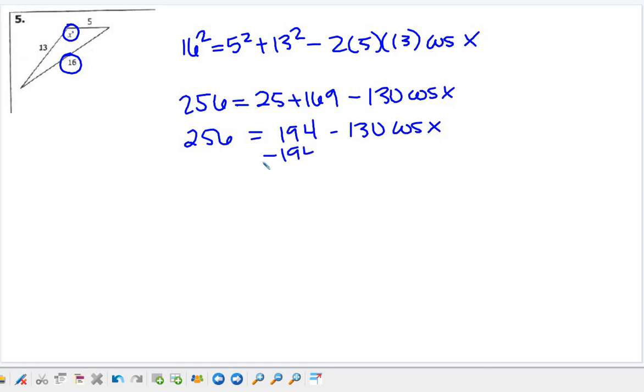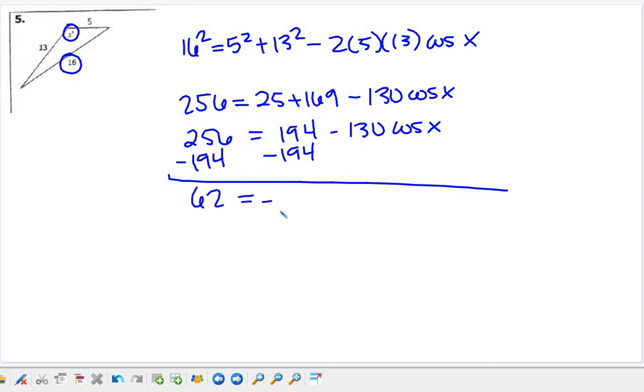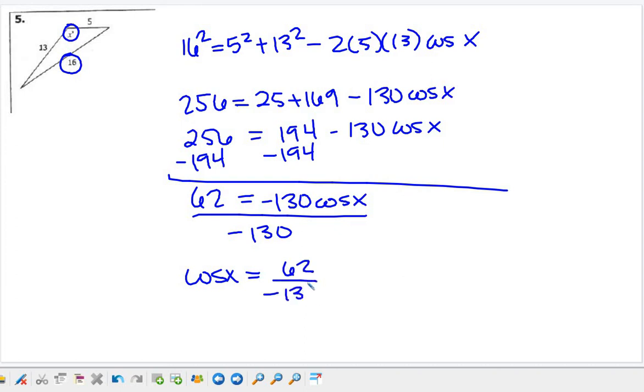So I'm going to subtract 194. So we have 256 minus 194, 62 equals negative 130 cosine x. So divide by negative 130 and we get cosine x is equal to 62 divided by negative 130. So we're going to do cosine inverse of 62 divided by negative 130 is equal to x.